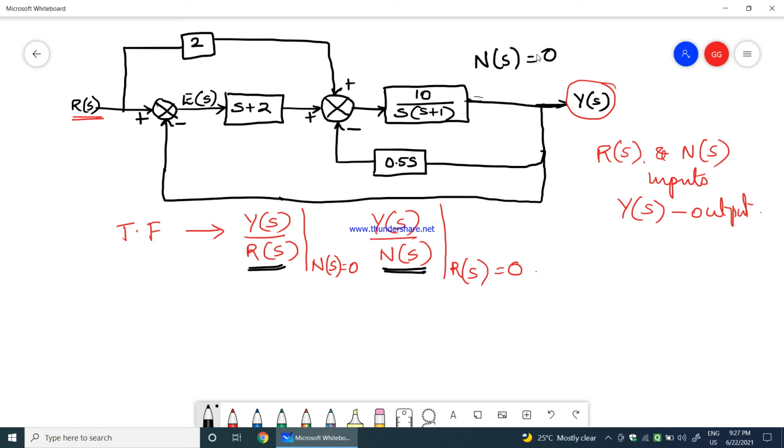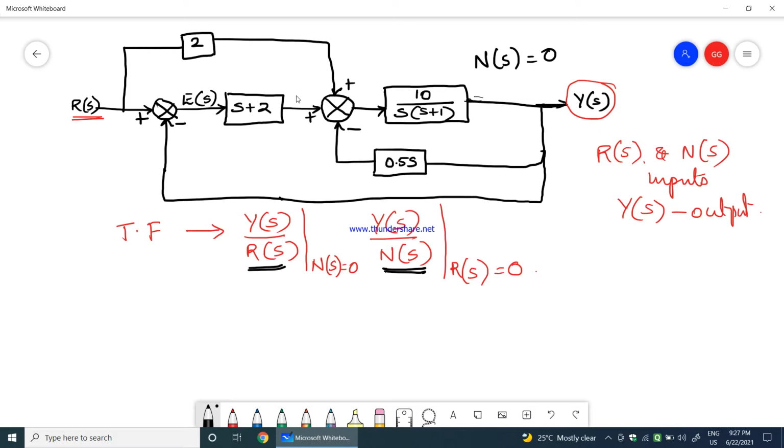Now we need to reduce this block diagram to find the transfer function Y of S by R of S. How will we do that? If you look at the block diagram, I can somehow simplify this, but I have another path which is connected to this. Therefore, it's always better to move this block behind this summing point.